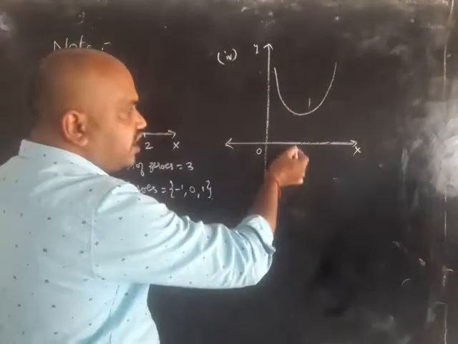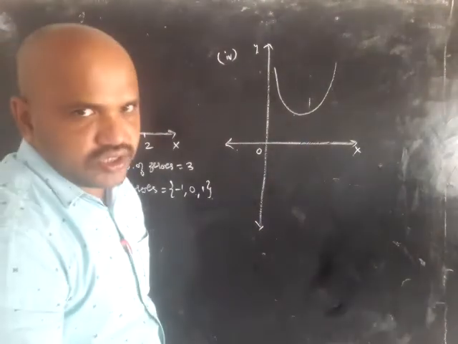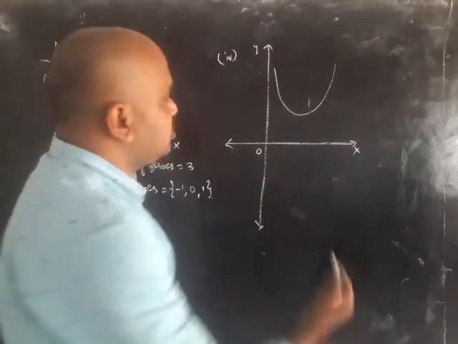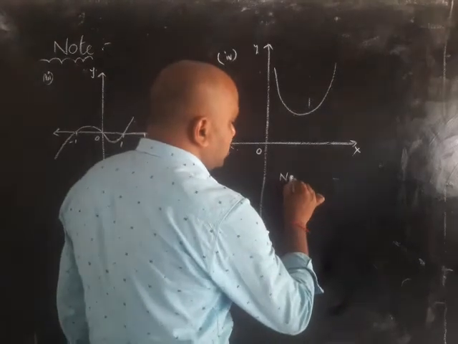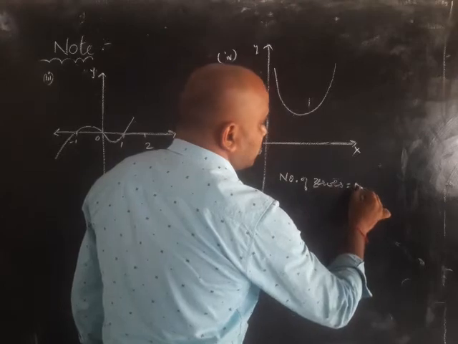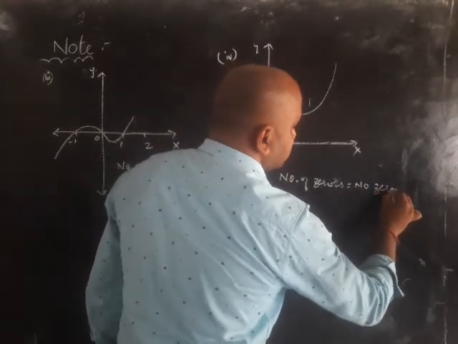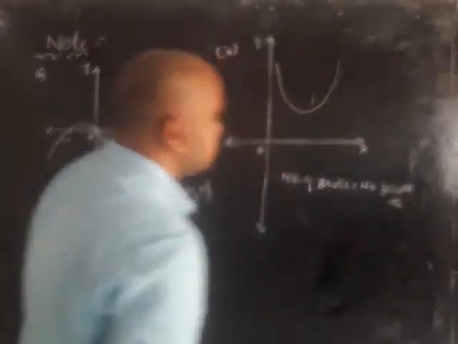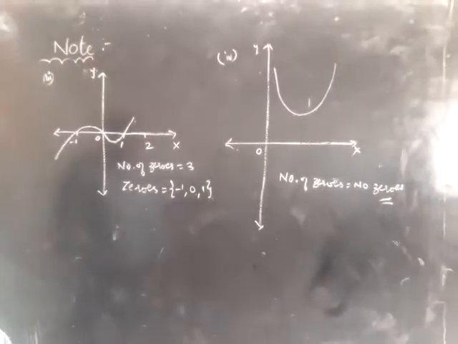So here it is not intersecting the x-axis at any point. So it will have how many zeros? There are no zeros. Number of zeros, no zeros. Okay, it is the fourth example.